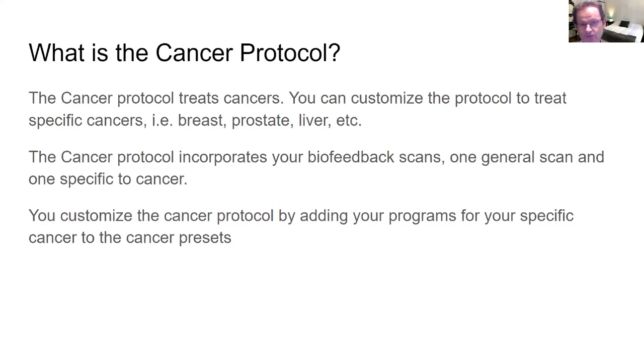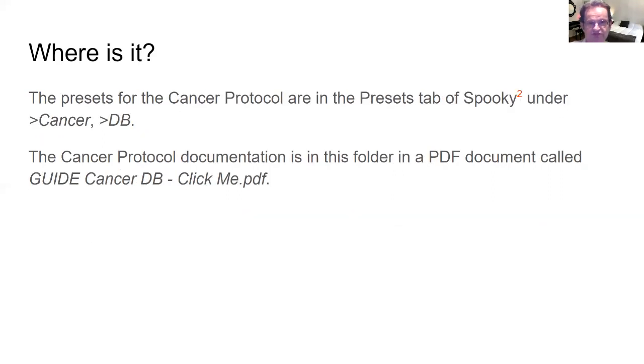So it incorporates your general biofeedback scan and one specific to the cancer itself, okay? As well as an extra frequency set for the problem. Okay, where is it? Now there's two which is mentioned in the software, and the one we're looking at today is called DB.